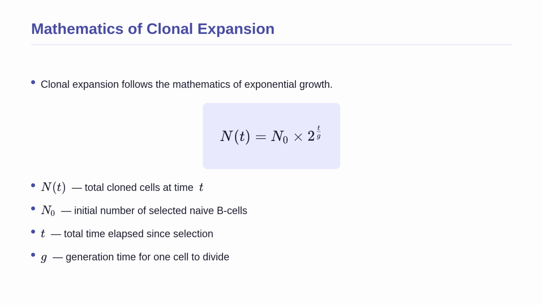Conceptually, this shows how a single cell doubles repeatedly over time. N(t) is the total number of cloned cells. N0 is your starting number of selected cells. The variable t is the total time elapsed, and g is the generation time, which is how long it takes for one cell to divide. If time increases, the army grows exponentially.